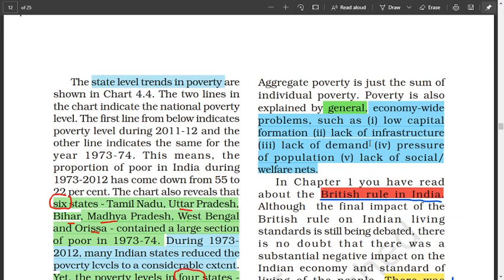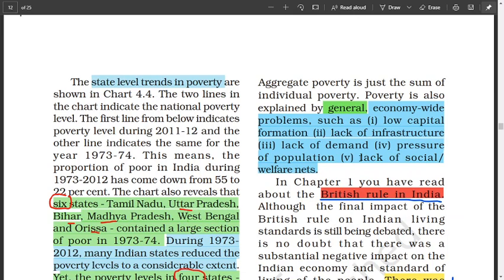Industries are also affected. Population pressure, that's another thing that we all know. The Indian population keeps on increasing, land remains the same, employment opportunities are also not growing. That adds to the problem. Lack of social welfare nets: the programs and schemes from the government are also not strong enough to help the poor.